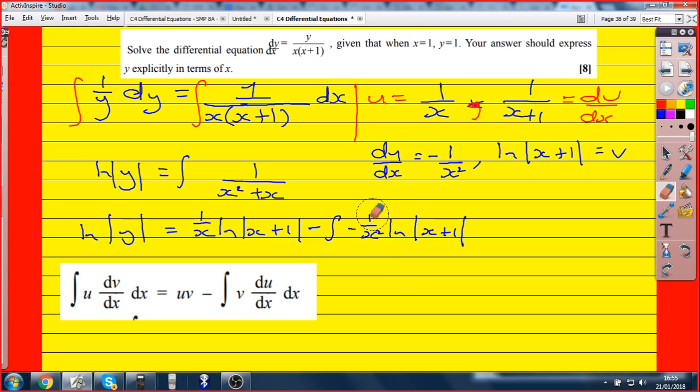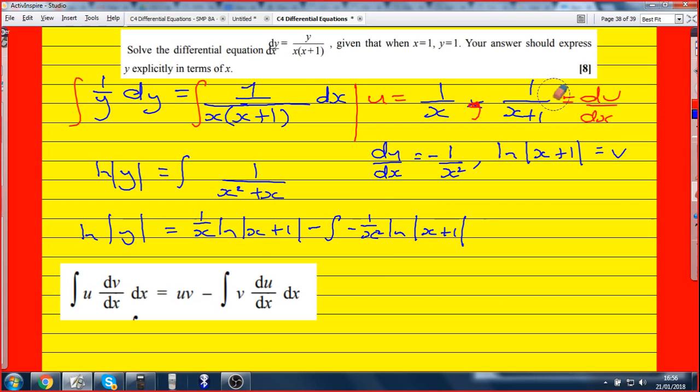So can you see that first we integrated 1 over x plus 1. Now we're having to integrate this, which is kind of a harder thing to integrate. Yeah, that might be easier.